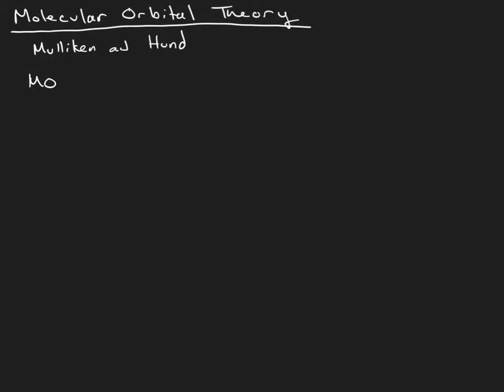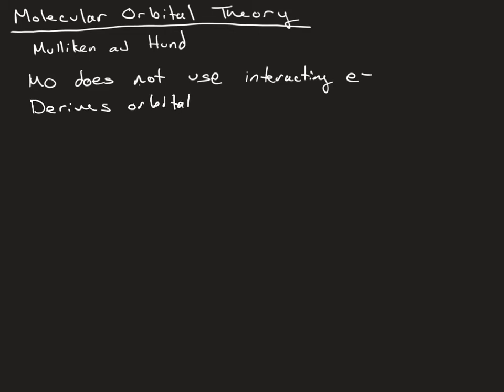MO theory, unlike valence bond theory, does not try to describe systems using interacting electrons. Instead, what one does is one derives orbitals, wave functions, for the molecule as a whole.